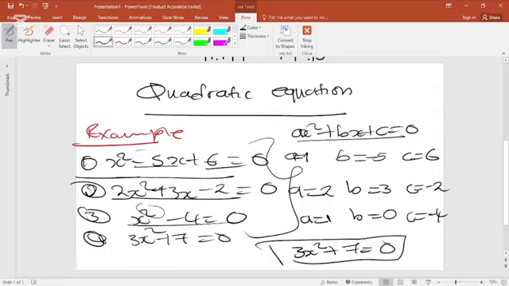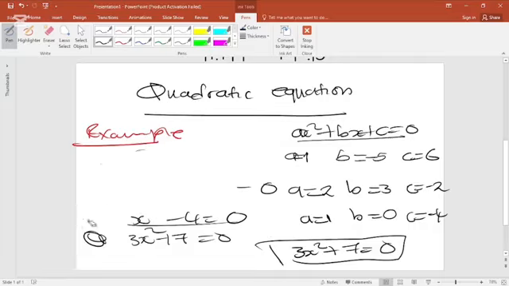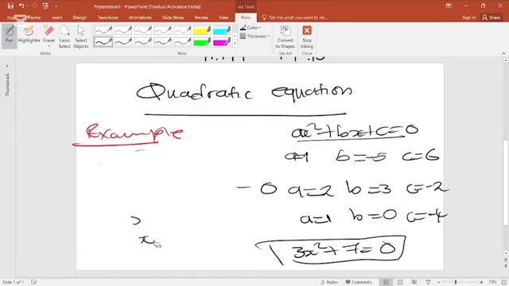After that, we must also understand that a quadratic equation can be solved by using different methods. Let me just write the methods of solving a quadratic equation.